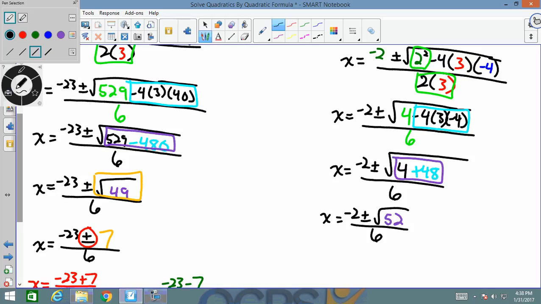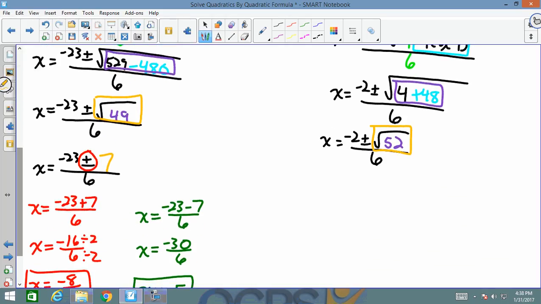The problem with that is this is not a perfect square. So when I do this, we're going to typically go 3 decimal places. Okay, so that would be 7.211, 3 decimal places.